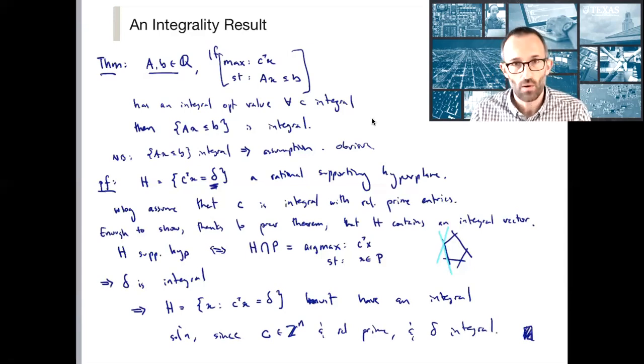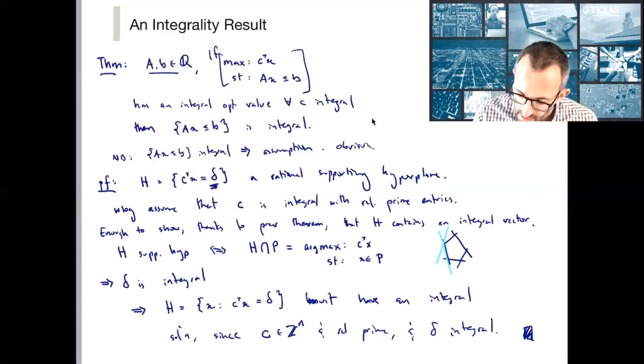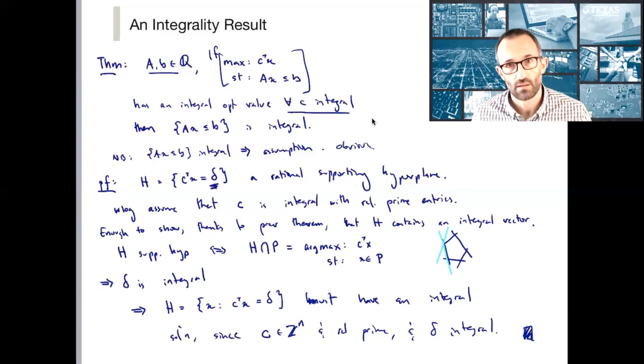Okay, so let's just recap why this is important. This says that if just the optimal value is integral, it guarantees us that every single extreme point is integral. And note again, this isn't completely obvious because I didn't say for every C. Obviously, it's not even true for every C or every C rational.